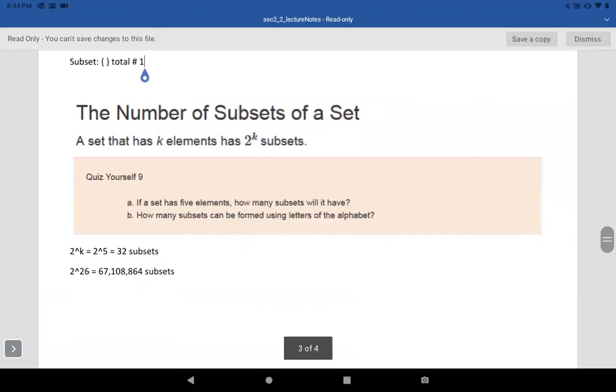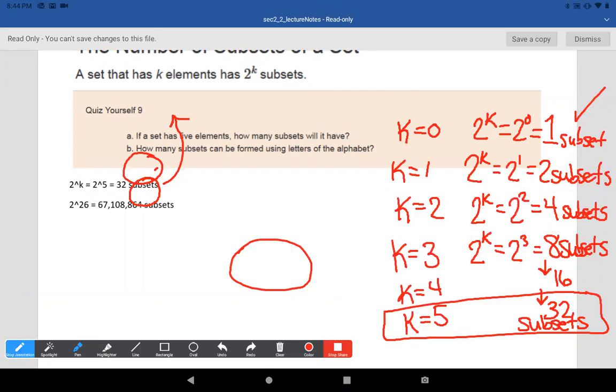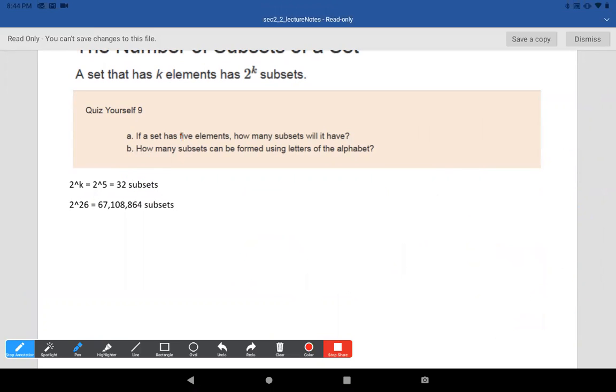Okay, so let's look at Quiz Yourself 9. If the set has 5 elements, that's what we were just looking at, how many subsets will it have? We said 32, and we based that on just doubling. But if we use the formula, 2 to the k equals 2 raised to the power 5, which equals 32 subsets.